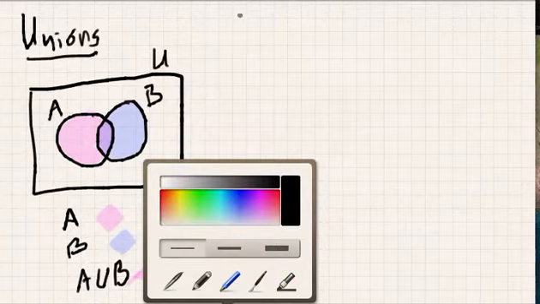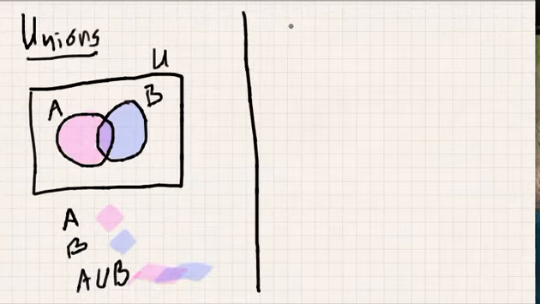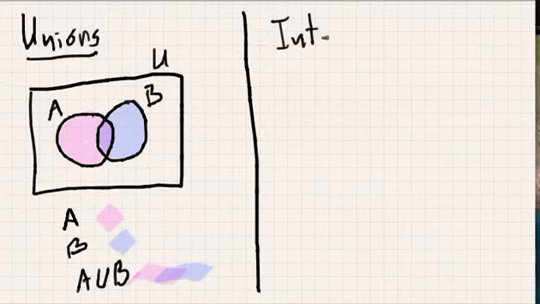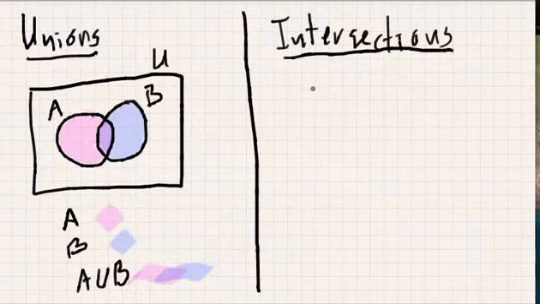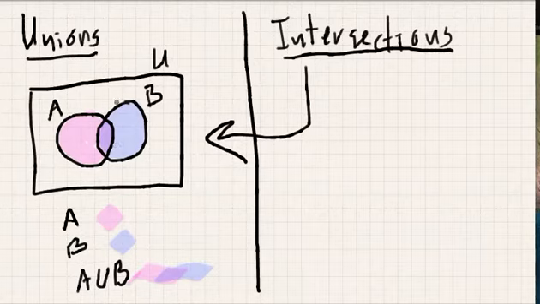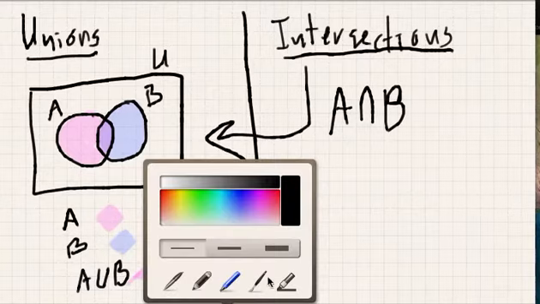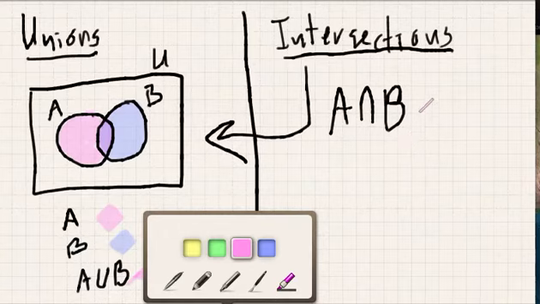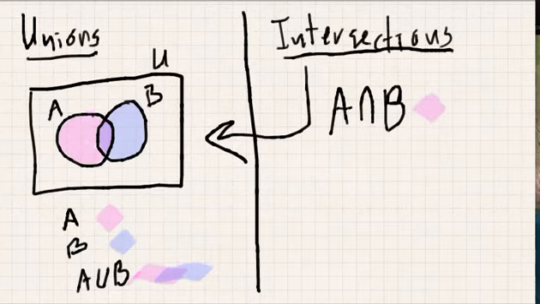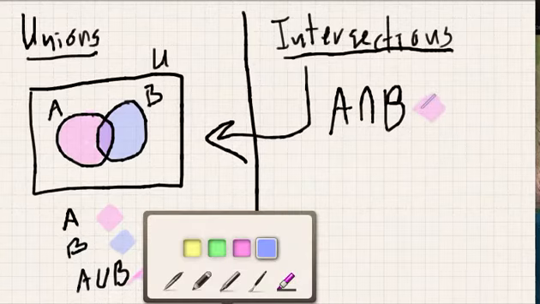Now let's look at intersections. Let me just use the same picture over here. I shaded A all pink-like, I shaded B all blue-like, and then what is A intersect B? It's anything that got shaded in twice. So it's literally anything that got shaded in pink and got shaded in blue.